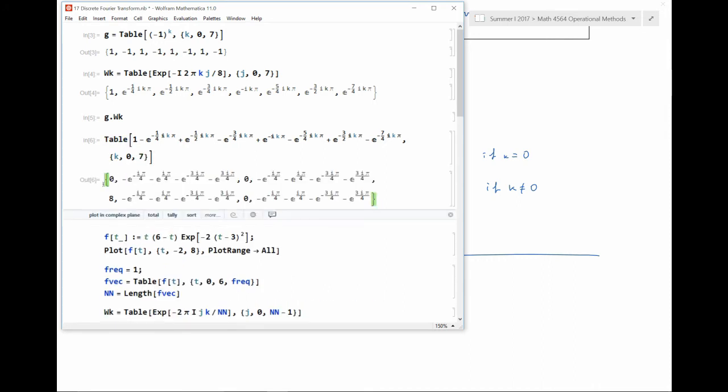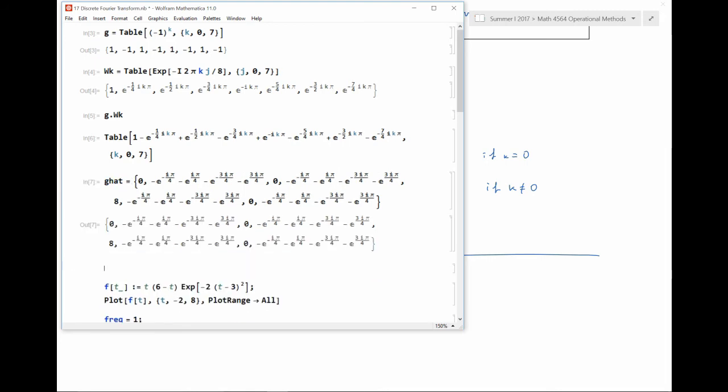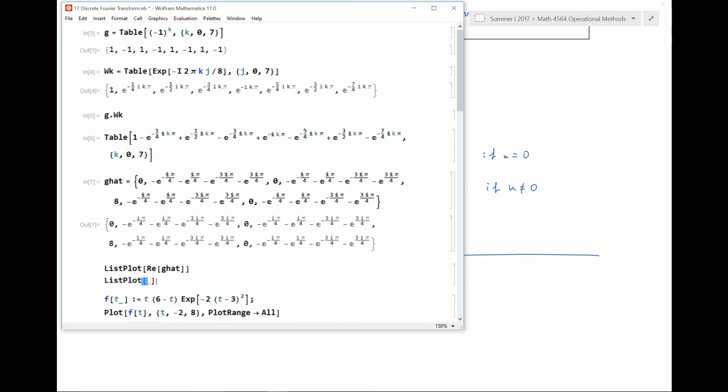So let me call this g hat and plot it. Mathematica has a command ListPlot, which needs real numbers only, so I'm going to plot the real part of g hat and at the same time plot the imaginary component of g hat.